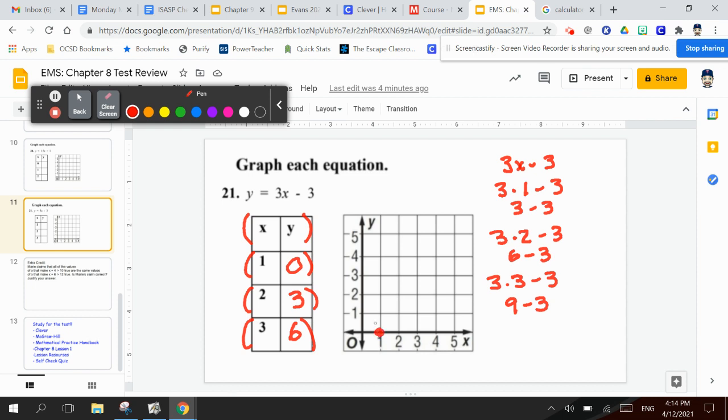So that means my dot is on the x-axis. If x is 2, y is 3. So I start at 0, over to 2, up to 3. And if x is 3, y is 6. I start at 0, over to 3, up to 6.